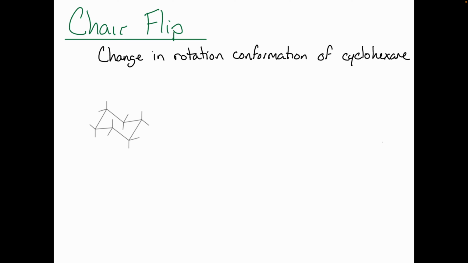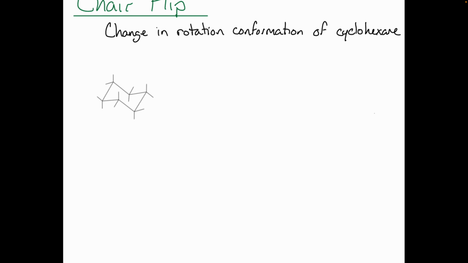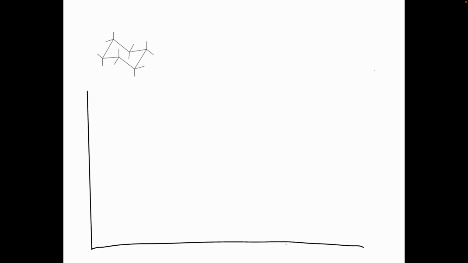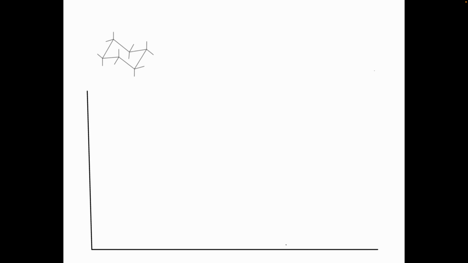It can't go all the way around and around its bonds, but nonetheless, it is going to change its rotational state. So again, we're going to make a little graph here where we look at the energy of different rotational states, our rotational conformations.